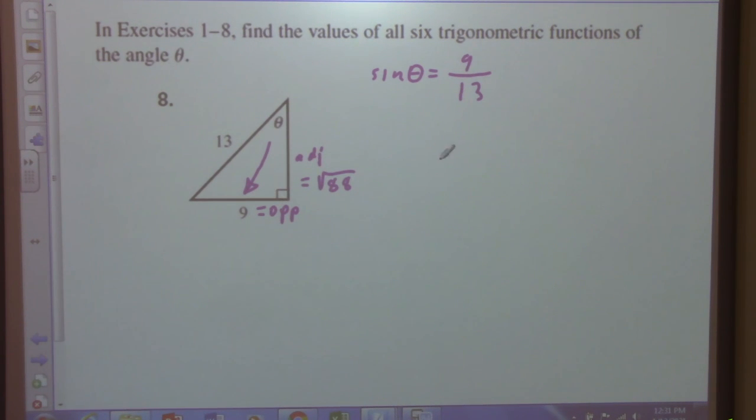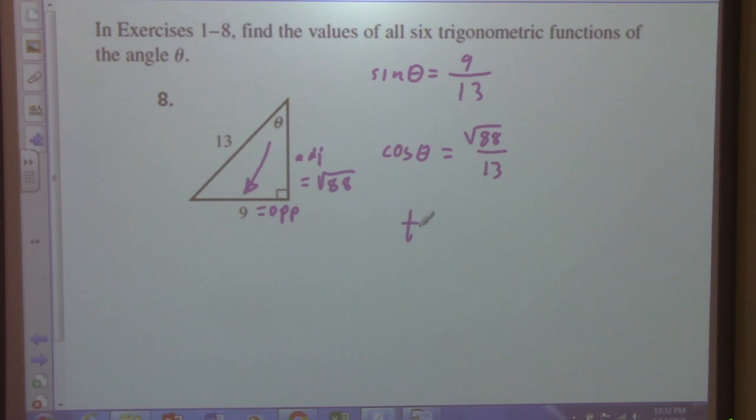Oh, yeah, no, that's different. Did they confuse you with the placement of this thing? Yeah, they did. Okay, so fix it. Tell us what it is. You say sine? Okay, square root of 88 over 13. This one here? Yep. Okay.